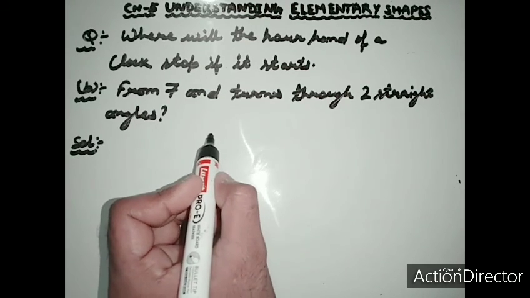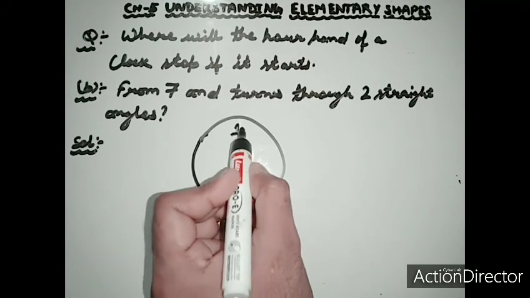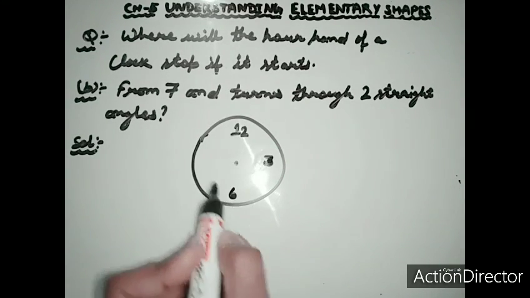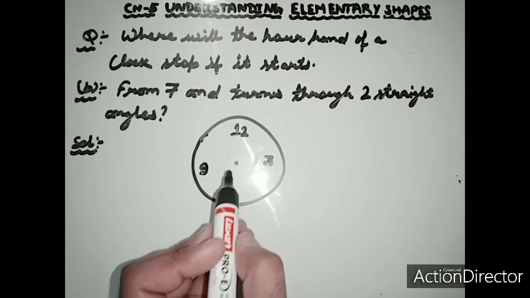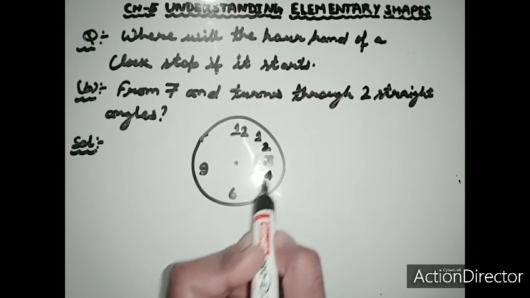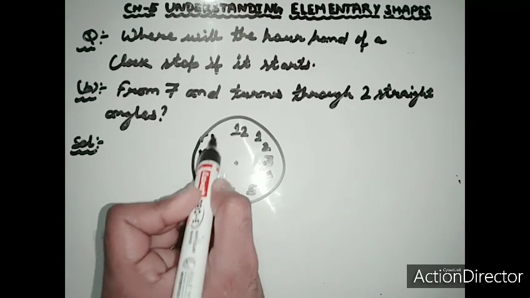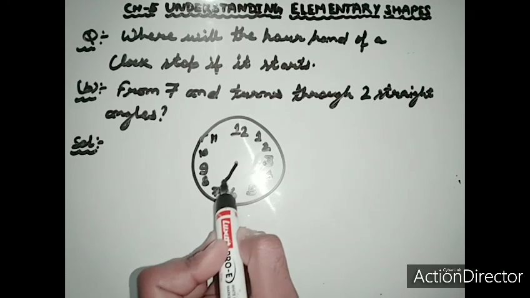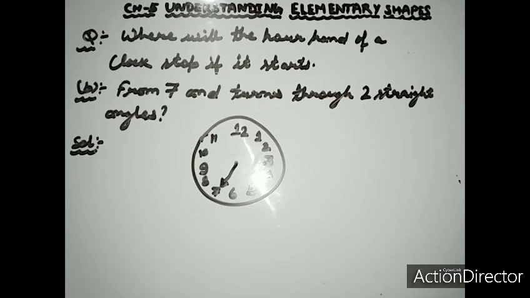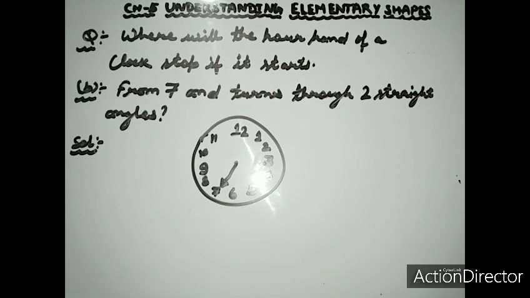So now first we draw a clock here, and write 12, 3, 6, 9. Now we write the other numbers also. It starts from 7 and turns through 2 straight angles. Now students, you all know what 2 straight angles mean.